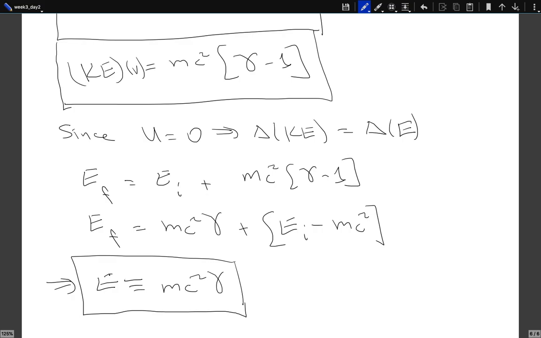It turns out to be also valid if the particles change into other particles, whereas here the particles are not changing. But in accelerators, for example, we can have electrons, which have a very small mass.